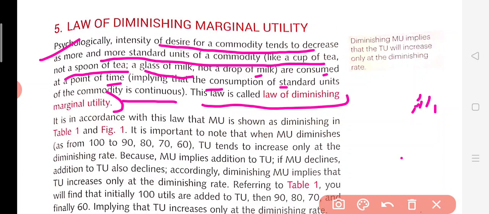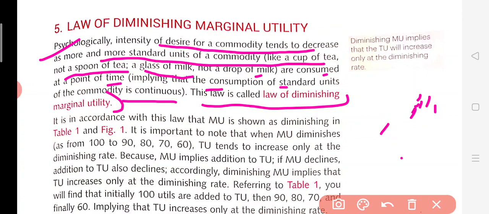Suppose you are going to the market to purchase a shirt. The first shirt you purchase, you will be satisfied, your utility will be very high. Suppose you purchase one more shirt, what will happen after that? Will you feel that much satisfaction again? No, because you already spent money and again you derive some satisfaction, but you will not enjoy it that much because you already purchased one shirt.